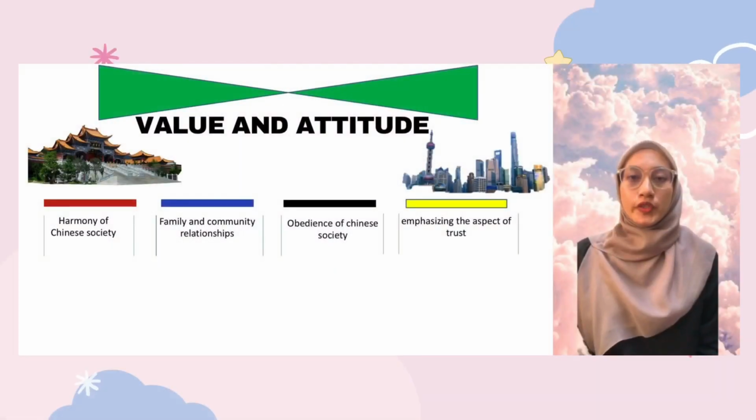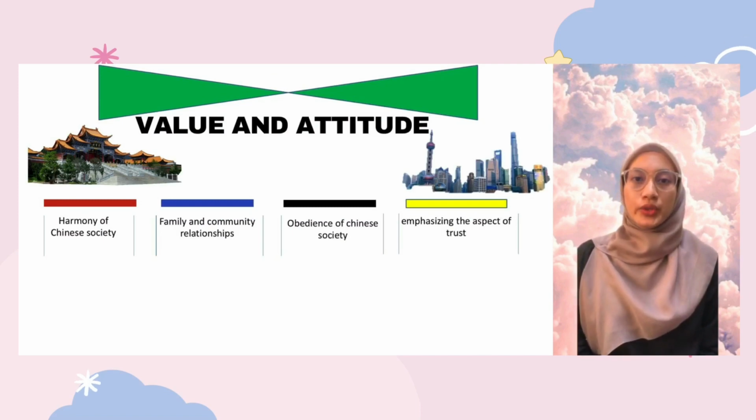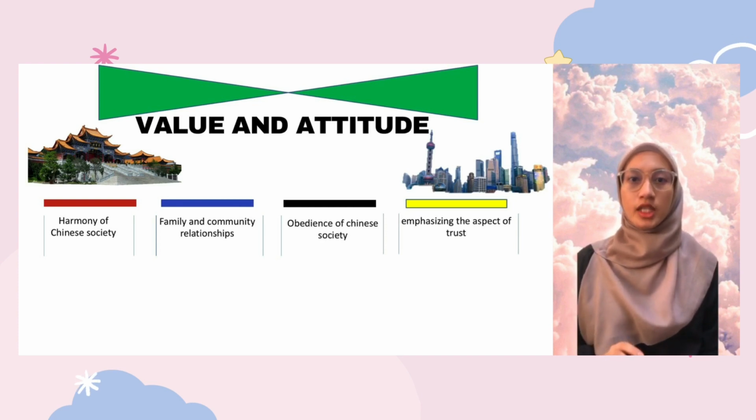I want to present about values and attitudes. Firstly is the value of harmony in Chinese society. In the culture of Chinese society, it is believed that the basic form of a harmonious and stable family depends on human management as well as the existing economy.